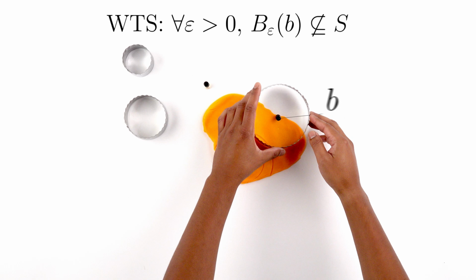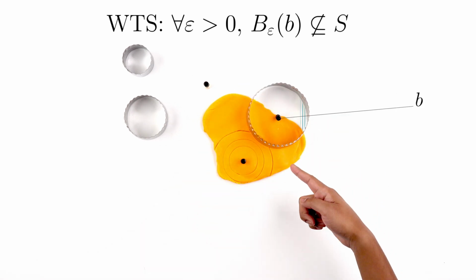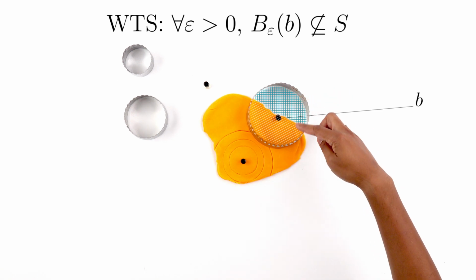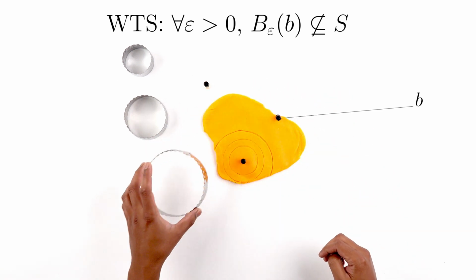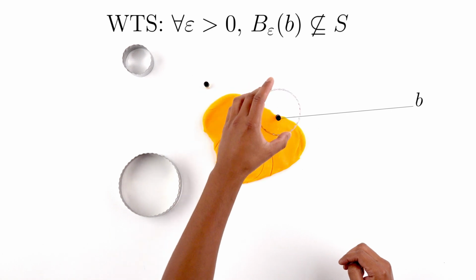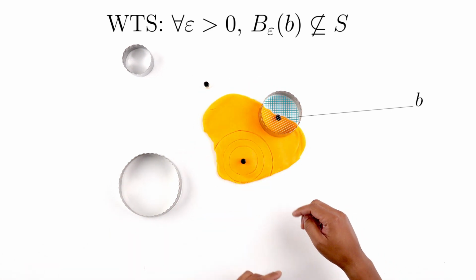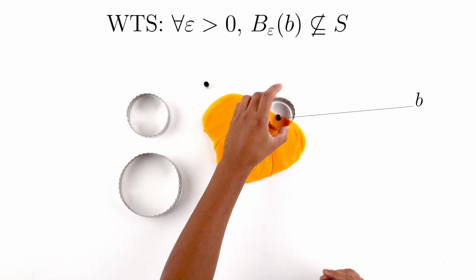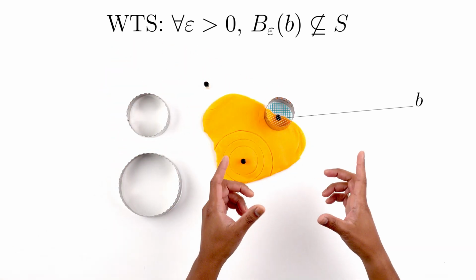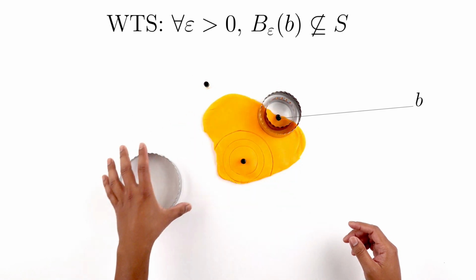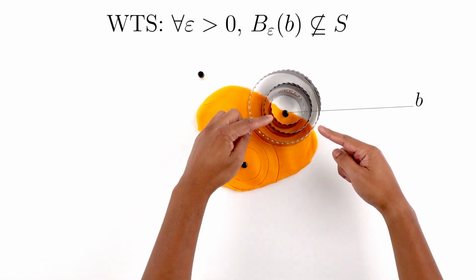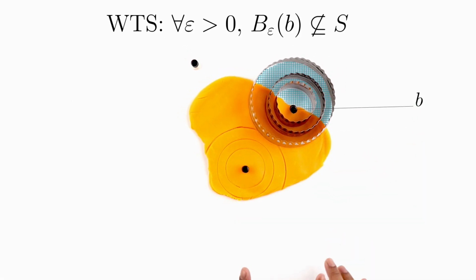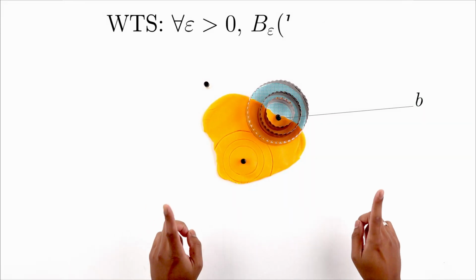If I put this open ball, it does not lie inside S. There are some points from outside S that are sitting in there. Neither does this small open ball lie inside S, and neither does this small open ball. In other words, no matter how much you zoom in, you will always see points outside S. This means B is not an interior point of S.